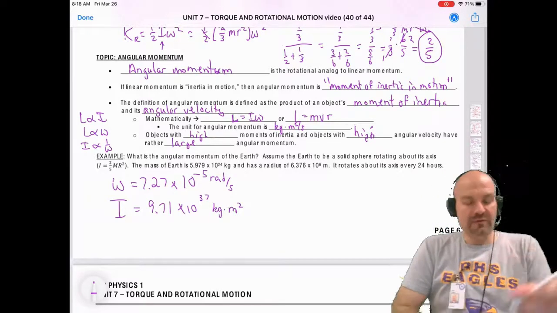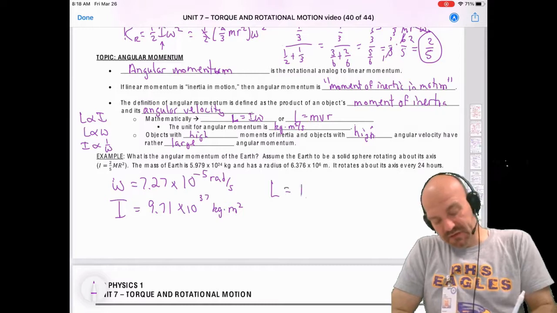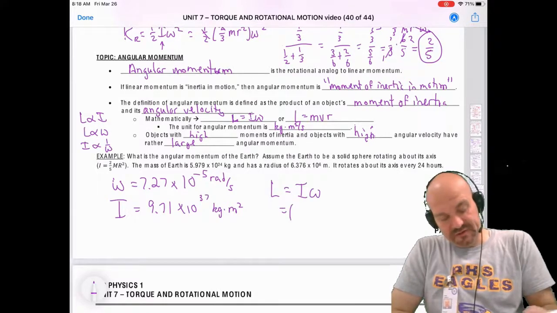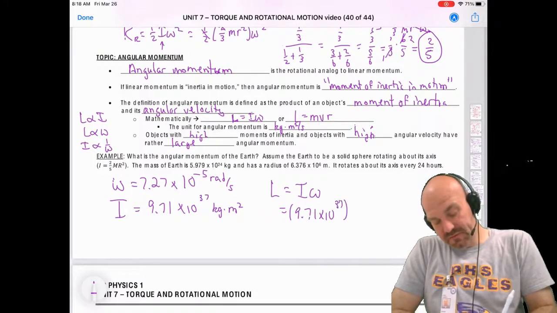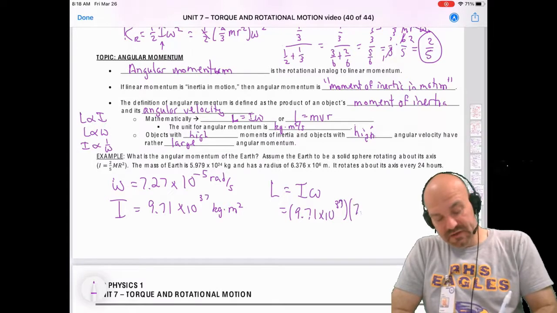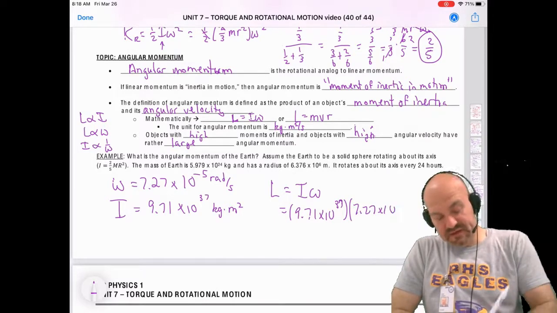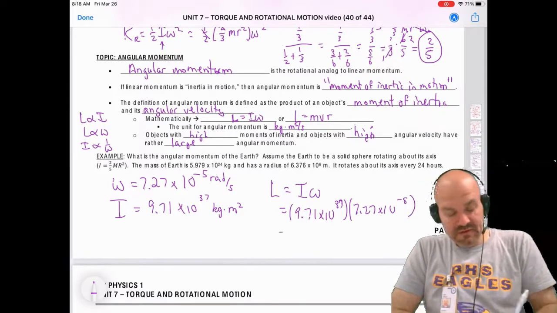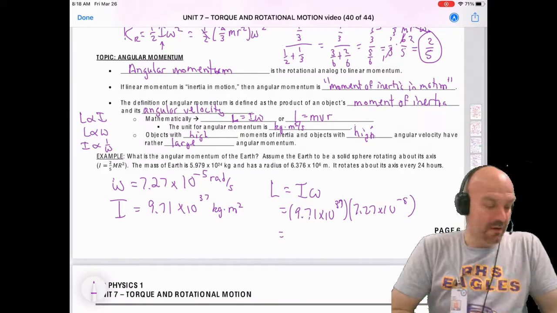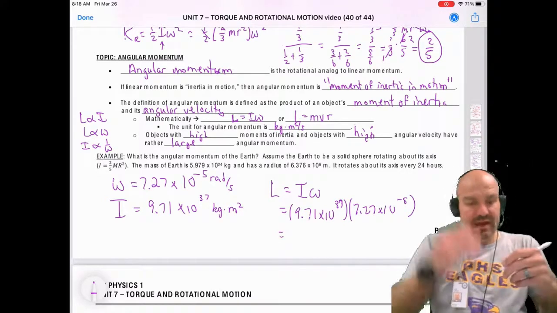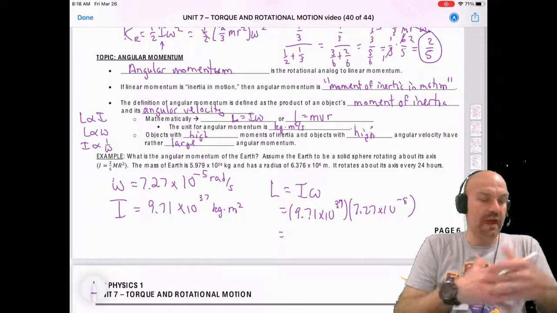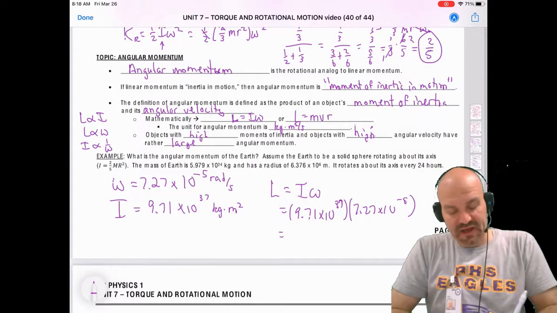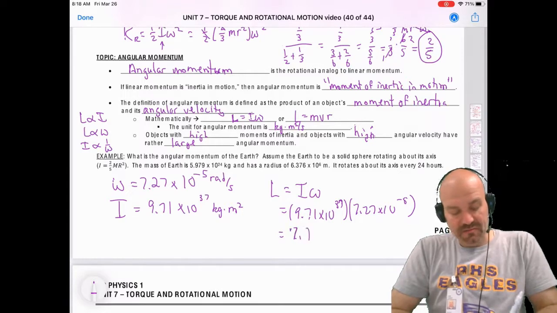Okay, so all we have to do here is multiply these two. L equals I omega, and so it's going to be 9.71 times 10 to the 37th times 7.27 times 10 to the negative fifth. Again, high moment of inertia, relatively low angular speed, but it produces a high angular momentum, right?